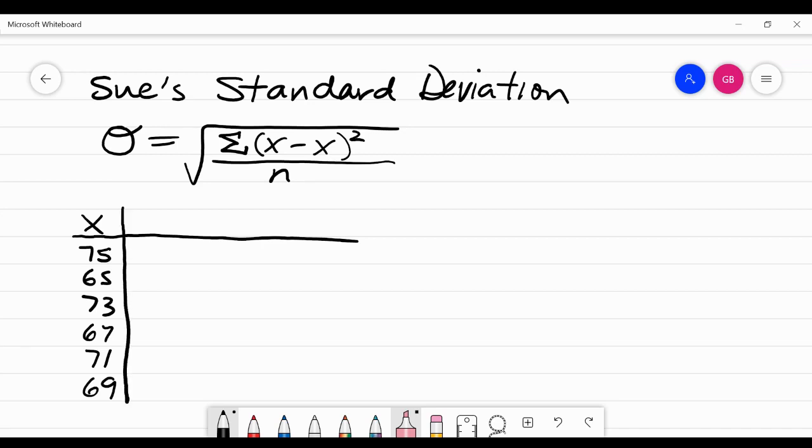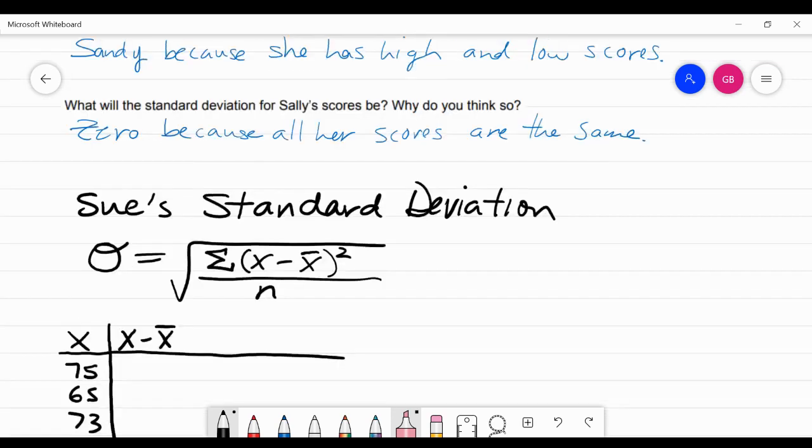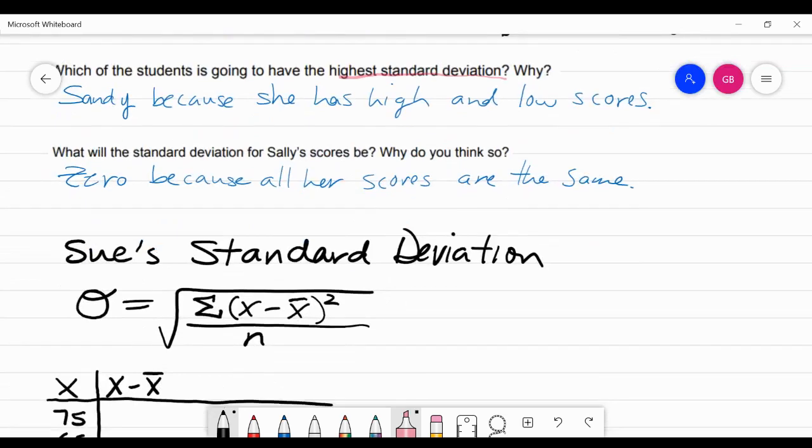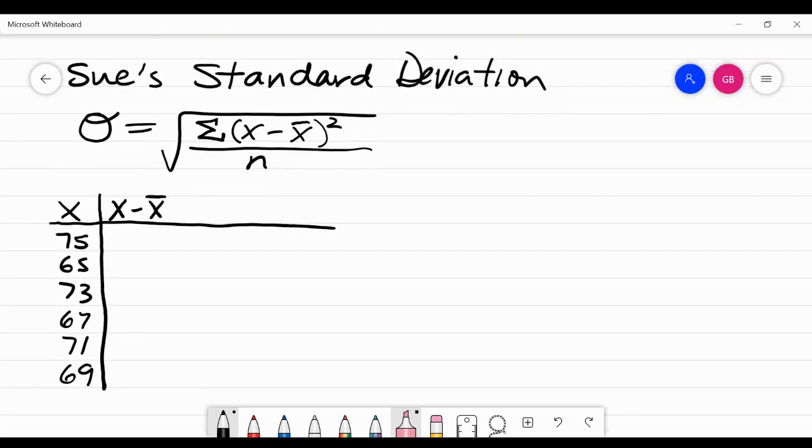And then for each one of these numbers, oh, I forgot the little bar up here in the formula. You're going to subtract the mean from each one of those numbers. And remember, the mean is 70. That's what we calculated up here. So we know the mean is 70. So each one of these numbers, you're going to subtract 70.